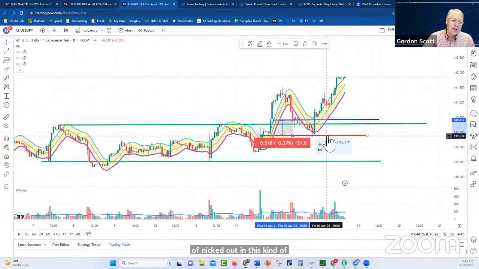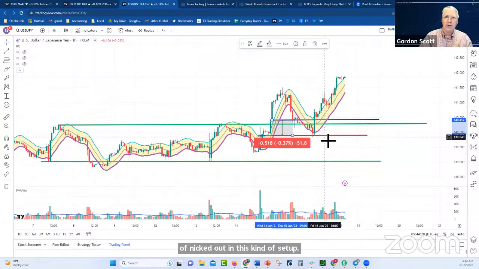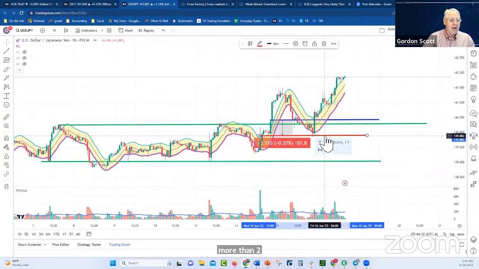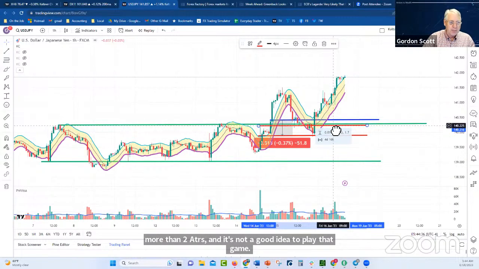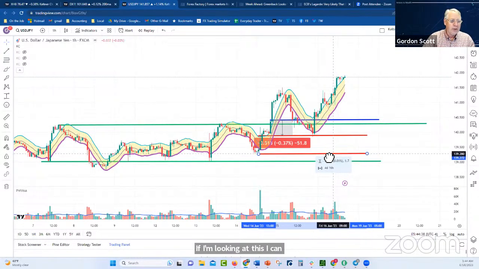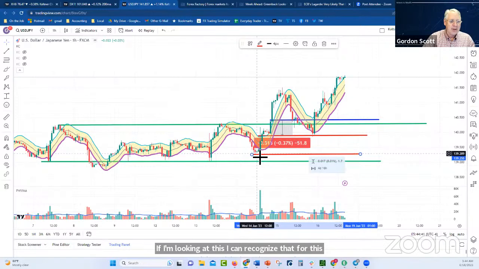And in hindsight, we could look and say, well, I'll just go a little more than 2 ATRs. It's not a good idea to play that game. If I'm looking at this, I can recognize that for this particular trade, it wouldn't have worked. In that trade, it would have worked very well.